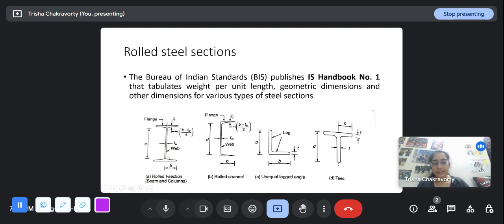For example, this is an I section or a joist, this is a C section or a channel, an angle section, a T section. All these dimensions will be specified corresponding to one particular section, and a lot of its properties like weight per unit length, moment of inertia in two directions, the geometric dimensions, etc., and the distance of the center of gravity along this axis, around this axis. All of these will be mentioned so that we can refer to them readily.